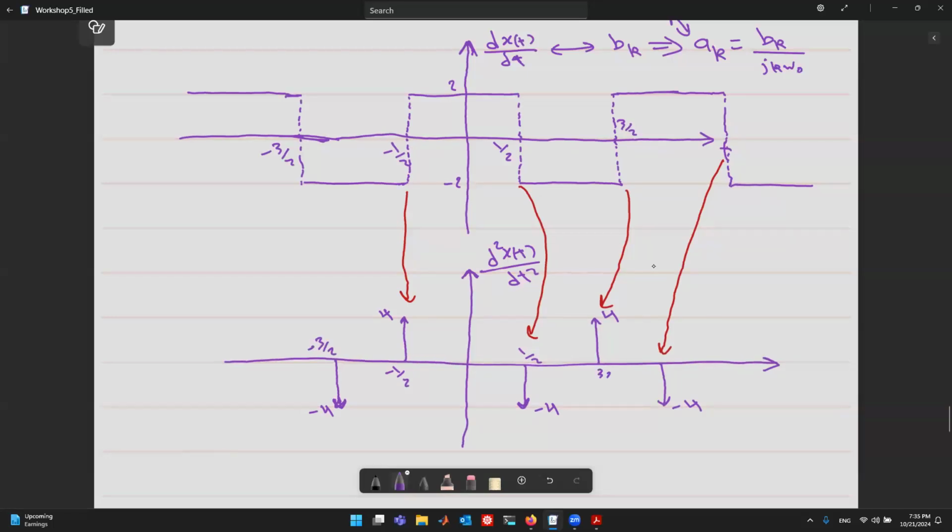This is at 3/2. And this is at 1. This is 3, right? This should be 3. Oh, this distance is longer.